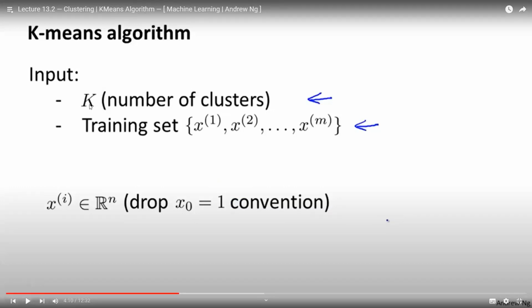So the k-means algorithm takes two inputs. The first input is the number of clusters. How many clusters do I want? For example, assume that we want to cluster students based on their performance. I can make two clusters, pass and fail. Maybe another researcher would say no: poor academic performance, fair academic performance, and good academic performance.